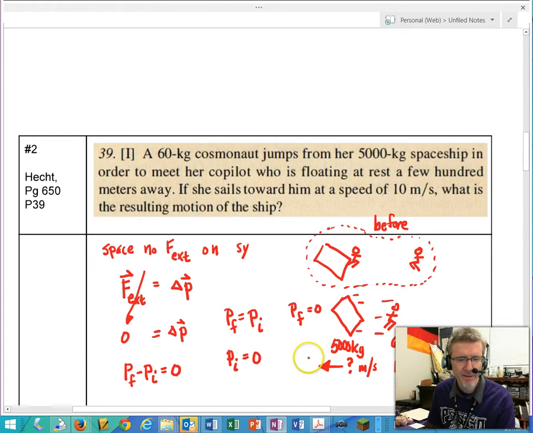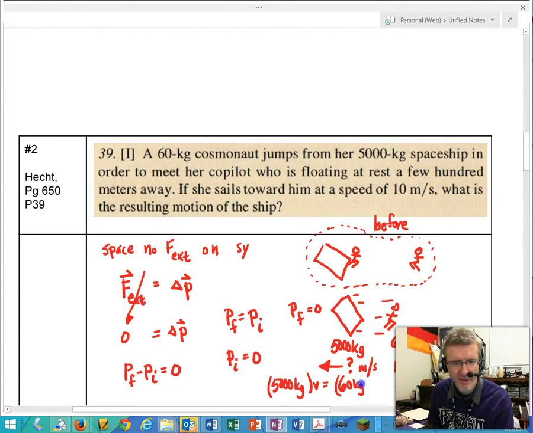Since I know the directions, I have to make it equal to 0. I could either put it on one side of the equation or I could just put them equal. Let's just say that 5,000 kilograms times V equals 60 kilograms times 10 meters per second.